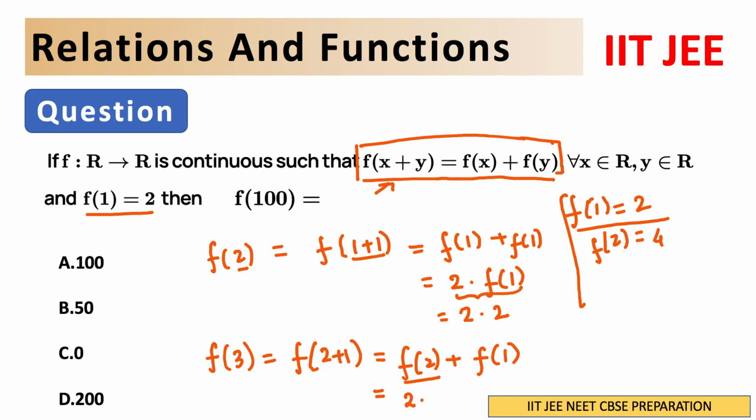Let's express everything as f(1). So I can write it as 2f(1) plus f(1). Adding these, you will get 3 times f(1), or simply 3 into 2, which is equal to 6. So now f(3) also we have.